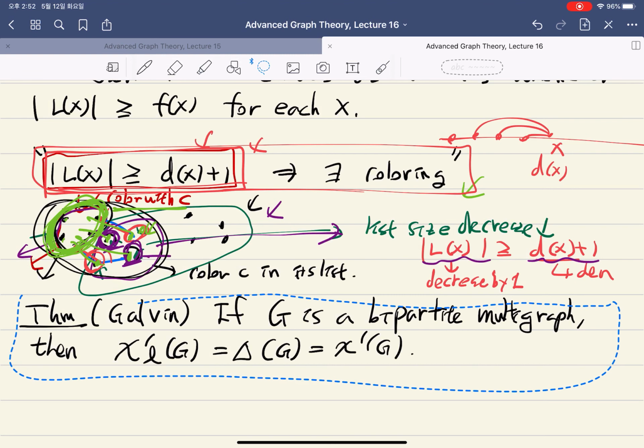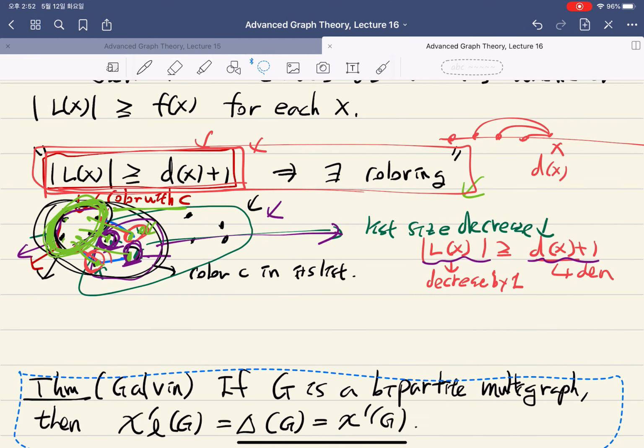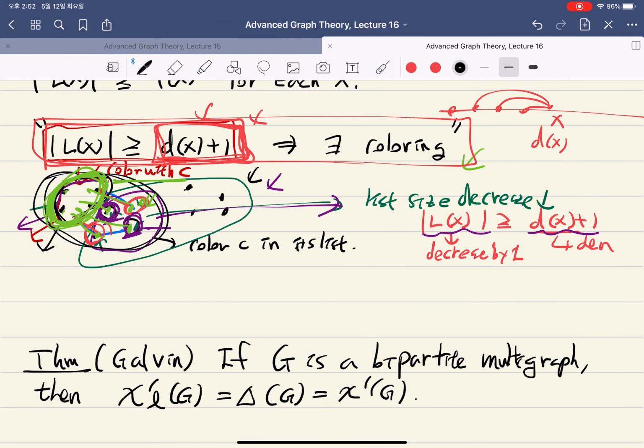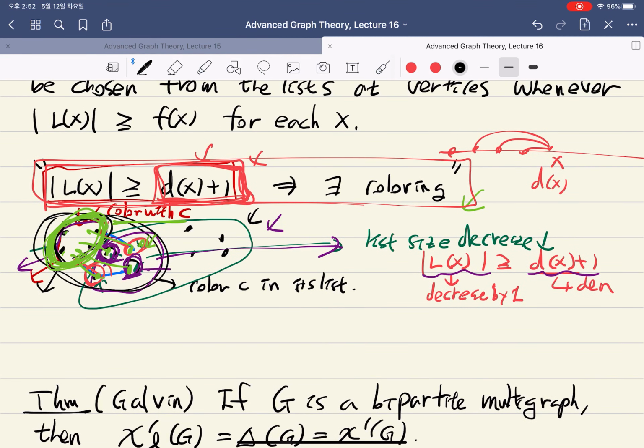So even with this statement, we are not happy because it's not strong enough. We want to actually lower this number. One way to lower it is that instead of considering its degree, we give some orientation.